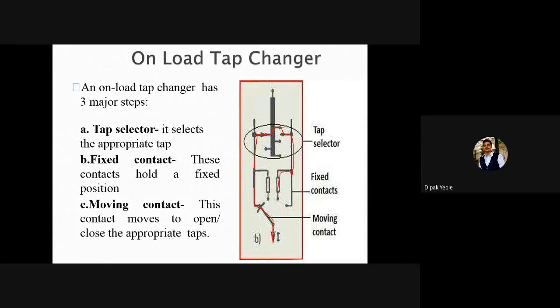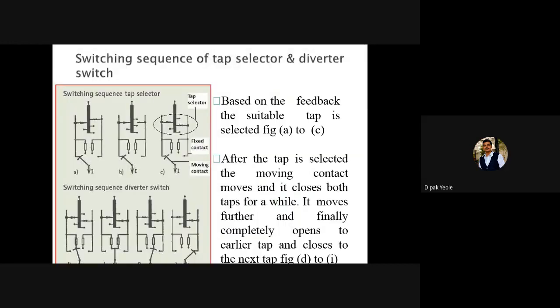At that time, you have to move this contact from this point to this point. Let's say there are different positions available for this. So this is the switching sequence of tap selector.